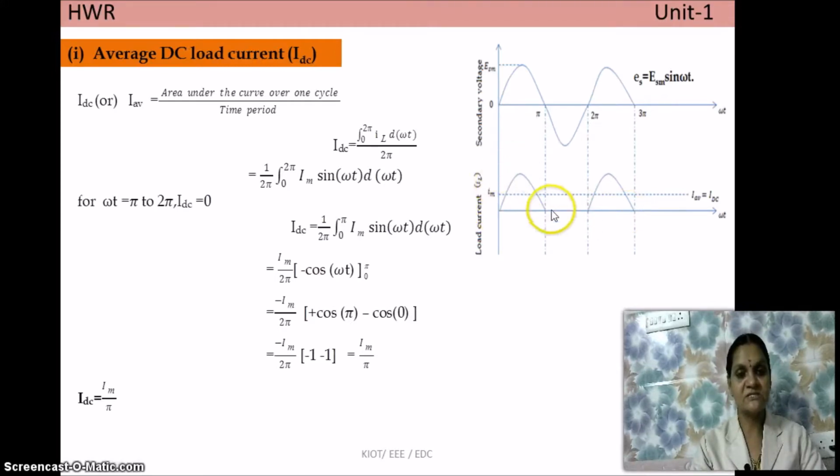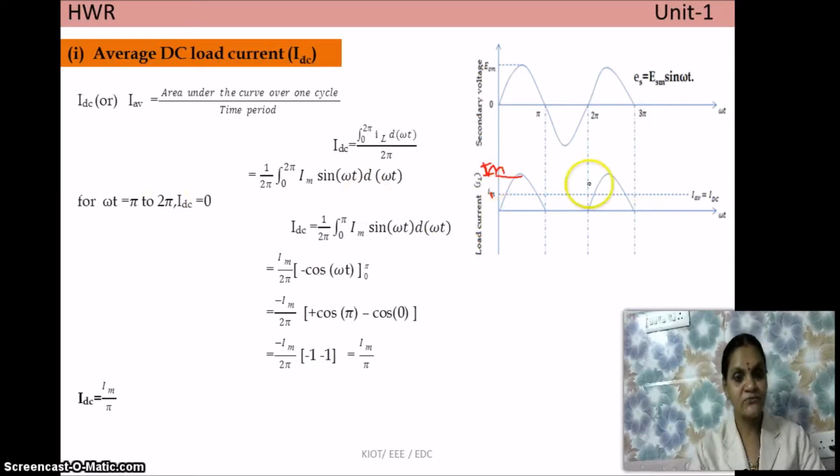Since it is pulsating in nature, we need to calculate the average value of the DC current. This is the maximum value of current, represented by capital Im, and small im may be the instantaneous value of current at each and every time instant.